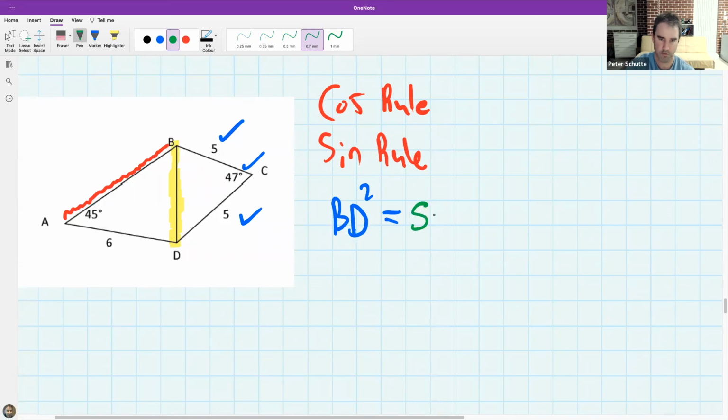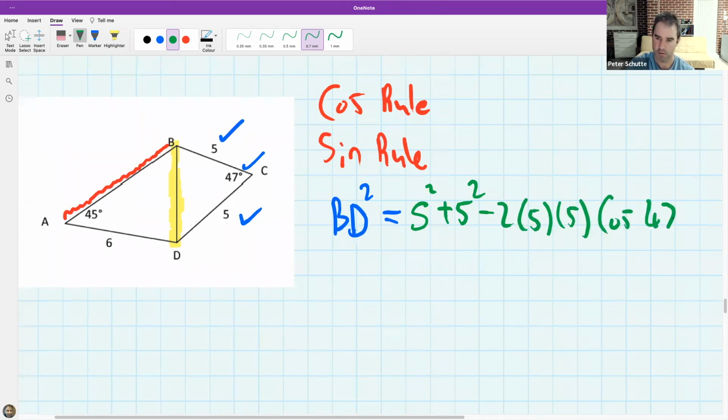And then I'd start with one of the sides. So, oh, they're the same. So let's see what we get for BD.